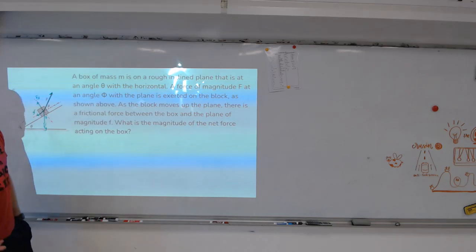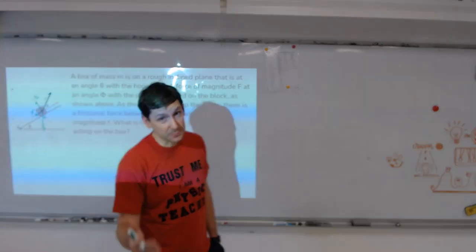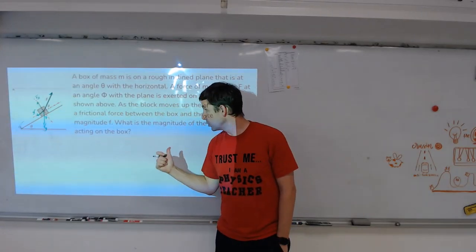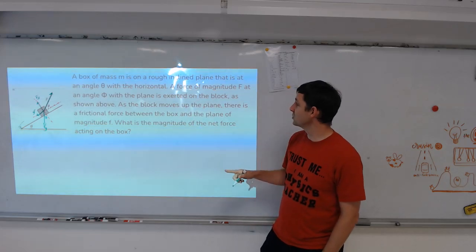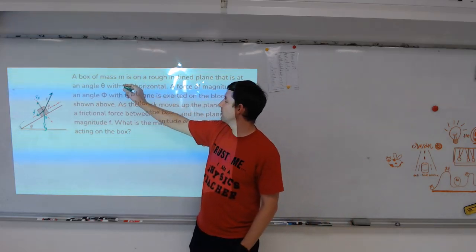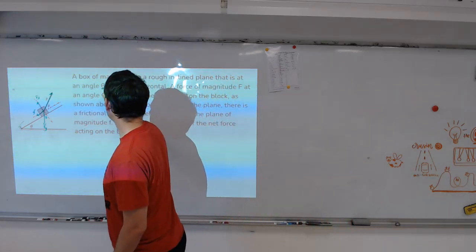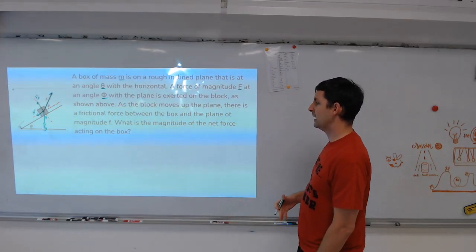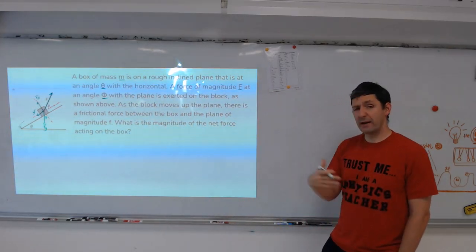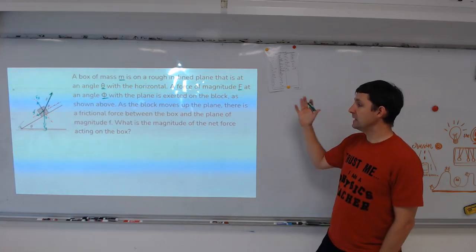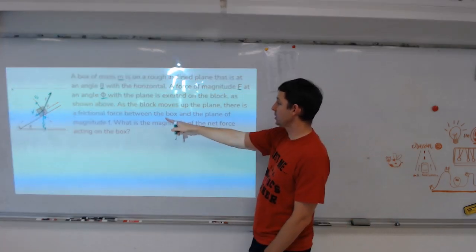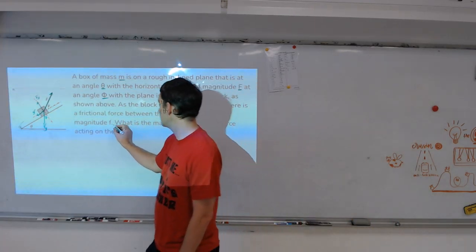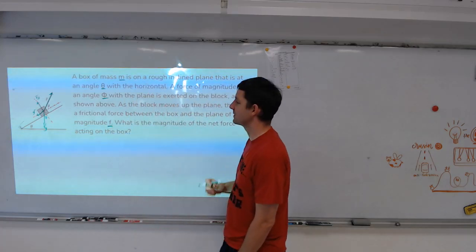Now, in this question, they wanted us to answer it with respect to variables that we've been given. So we can use the angles. We can use the mass m. So we've got m, the angles, the force of magnitude F, and that looks like it. Oh, and it gives me the frictional force between the box and the plane, so it gives me that F there. That's nice of them.